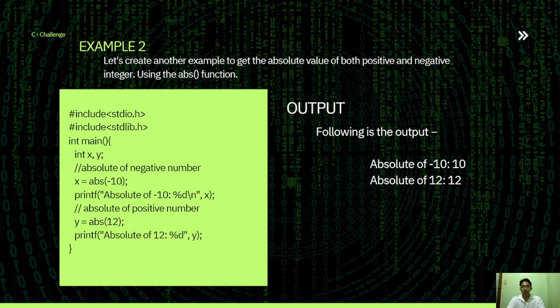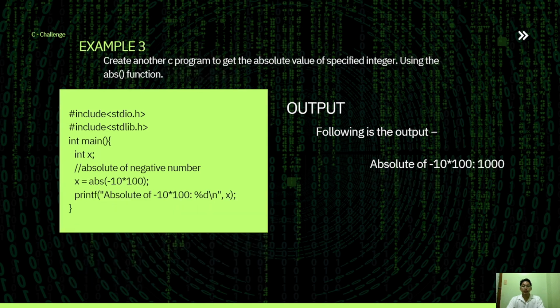The int x and y: absolute of integer number, x equals abs(-10), and next is the positive number, abs(12), or y. The output will be: absolute of -10 is 10 and absolute of 12 is 12. Just like before, we only get the positive value. The negative became positive and the positive remains positive.